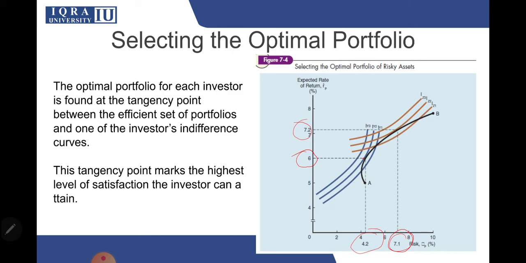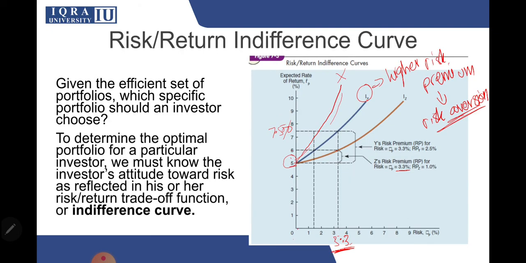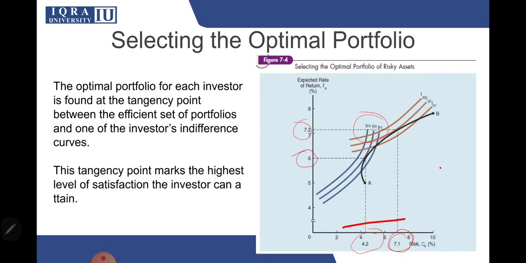See the difference? Now, the efficient set is the same, but because your investor Y was more risk averse, he is like, okay, for me, I don't want that high return. I am satisfied if you give me a 6% return level at a risk of 4.2.